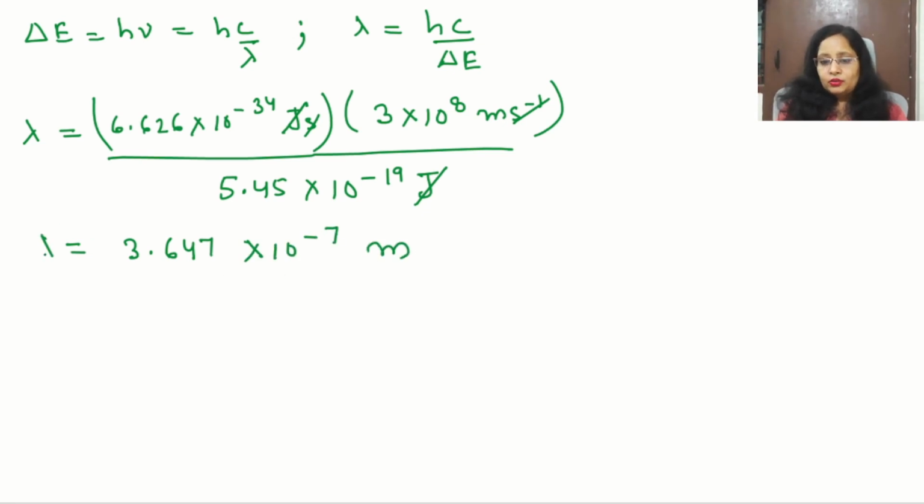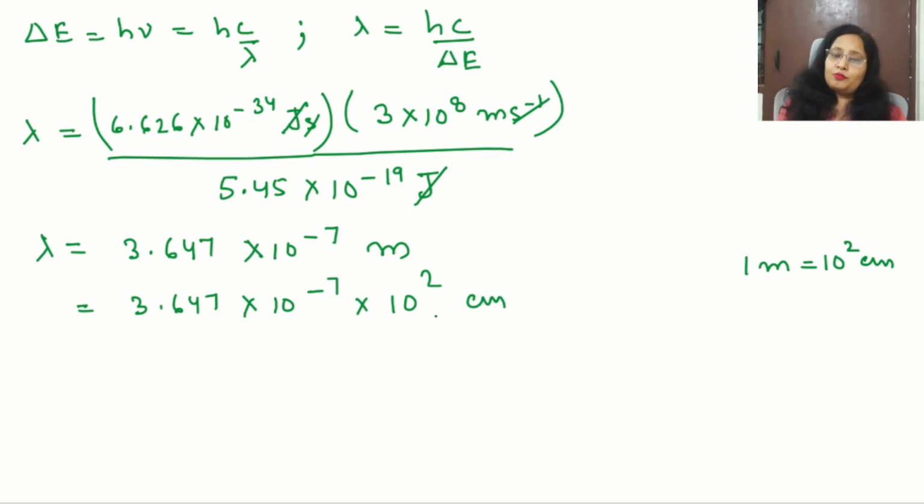This is the value of wavelength in meter, but the question says to find the wavelength in centimeter. So as we know, 1 meter is equal to 10 to the power 2 centimeter. So we can write it like this: 3.647 into 10 to the power minus 7 into 10 to the power 2 centimeter.